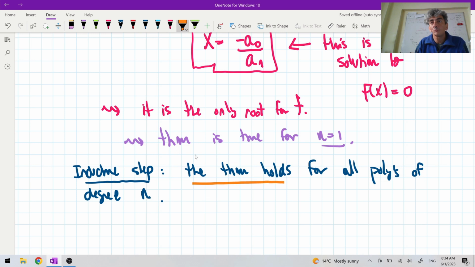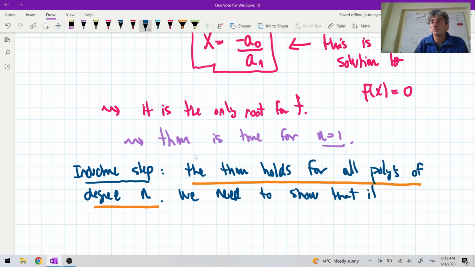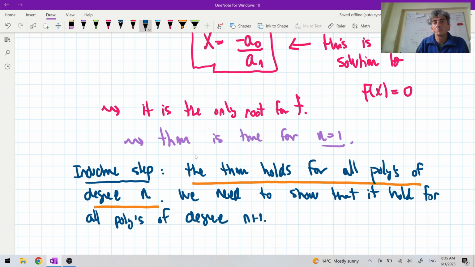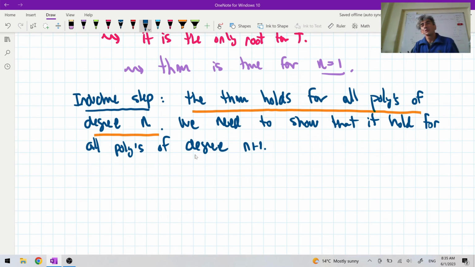We need to show that it holds for all polynomials of degree n plus 1. In order to do this, we're going to assume that the theorem is not true for polynomials of degree n plus 1, and we're going to derive a contradiction with the inductive hypothesis.